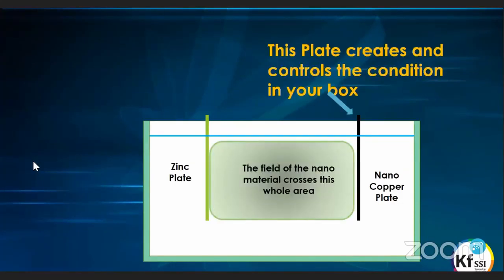Now it's important to understand that the nano copper plate you've created controls the condition in your box. Because you've created those nano layers, the field from that material crosses this whole area between your two plates and creates that condition within your box.